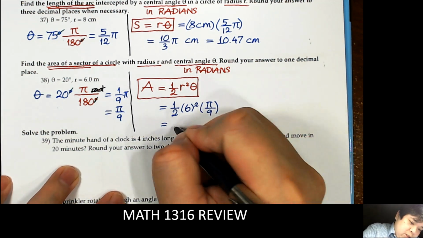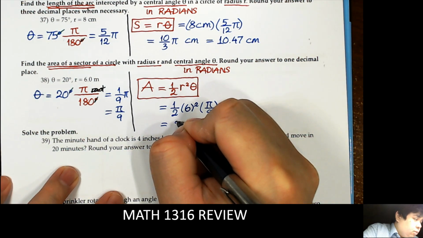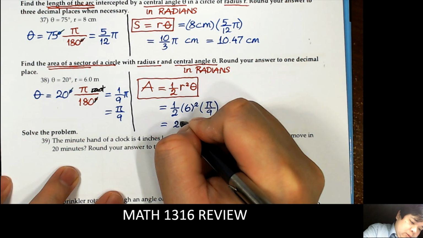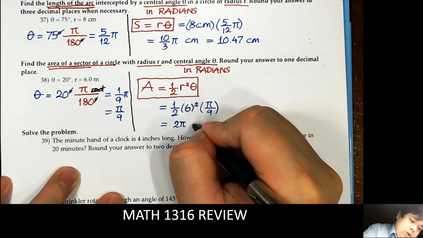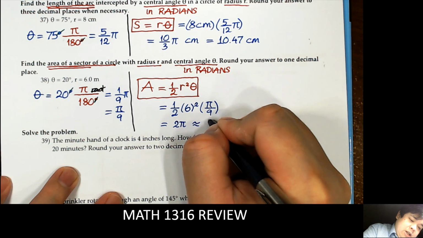So that will give us 2 pi, which is about 6.28.